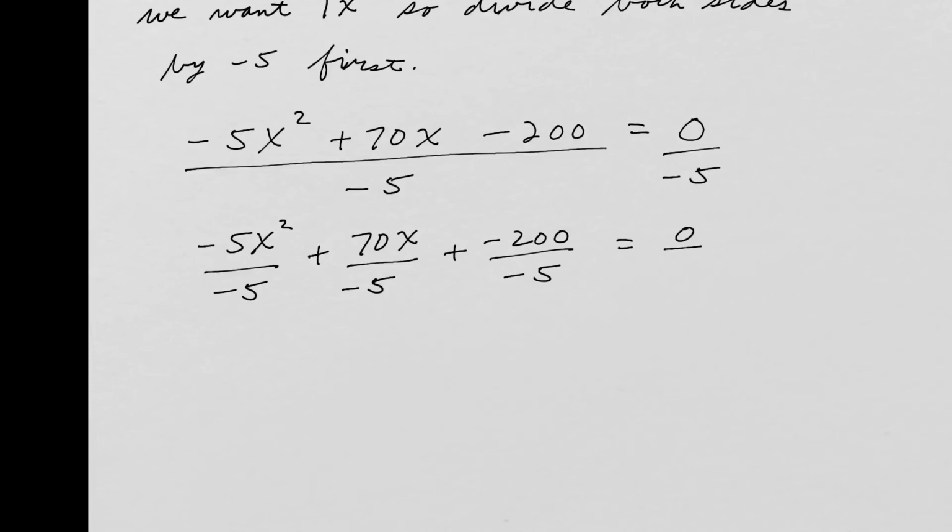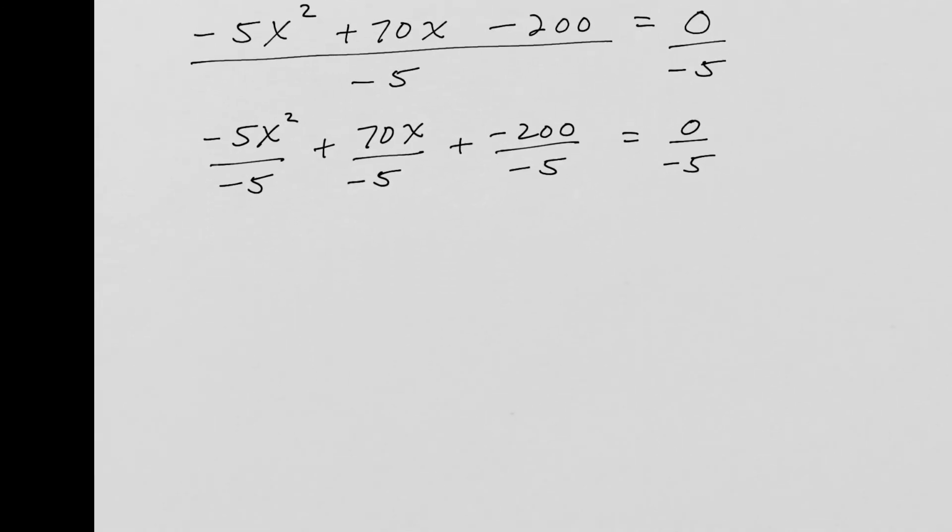And then right-hand side is 0 divided by negative 5. Well, what's negative 5x squared divided by negative 5? That gives me what I wanted, the 1x squared. Then what's 70 divided by negative 5? It turns out it's negative 14, right, x. And then negative 200 over negative 5 is positive 40. And then 0 divided by negative 5 is just 0, right? 0 divided by anything is 0, as long as the denominator is not 0 itself.